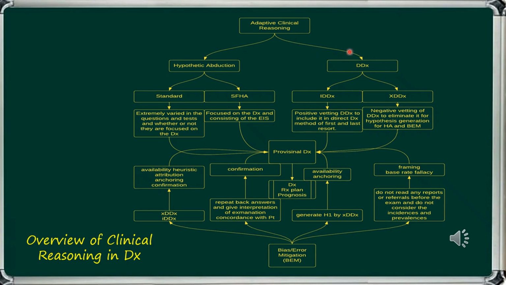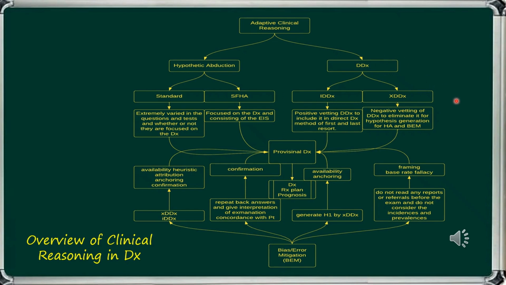If we look at differential diagnosis first, we've got inclusionary differential diagnosis, which is positive vetting of these differentials to include in the diagnosis that we're going to be using. This is a direct diagnostic method, mostly used by physicians, not very well used by us. It's too heavy, too cumbersome, and we don't have the time for it.